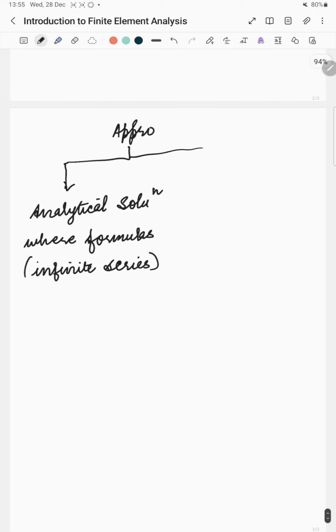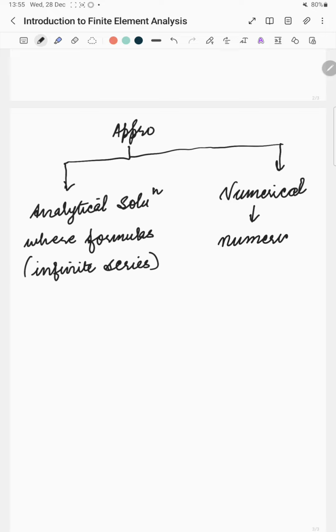The second way is to get a numerical solution. The main difference is that in case of analytical solution we get the formulas where we can put the values and get the required value of the variable at different points of the domain. However, in case of numerical solutions we get the numerical value directly at different points.